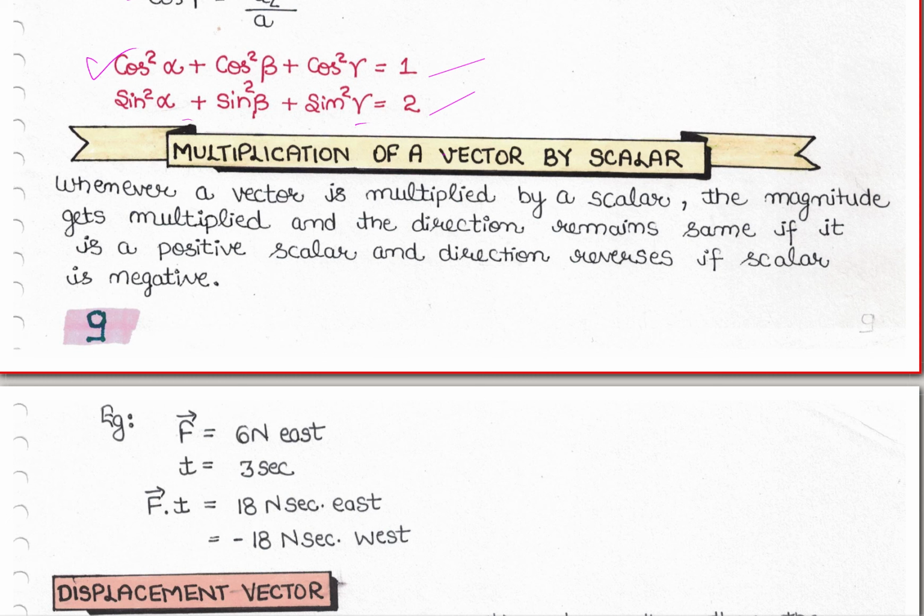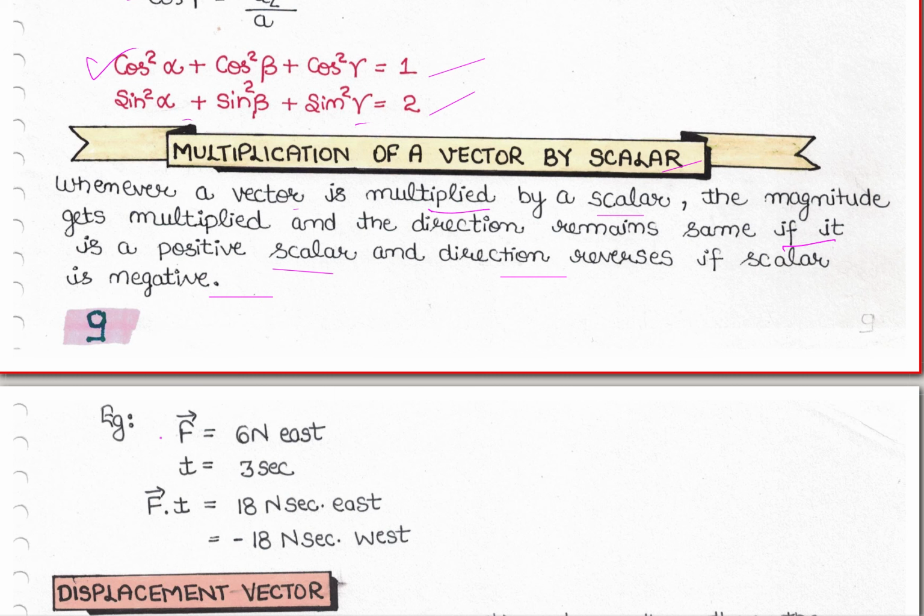Now multiplication of a vector by a scalar. Whenever a vector is multiplied by a scalar, the magnitude gets multiplied and the direction remains the same if it is a positive scalar, and the direction reverses if the scalar is negative.